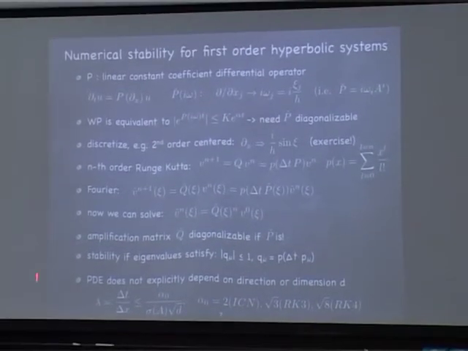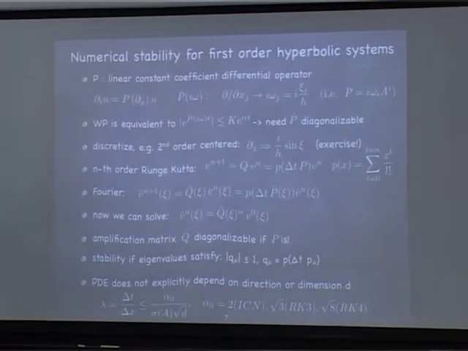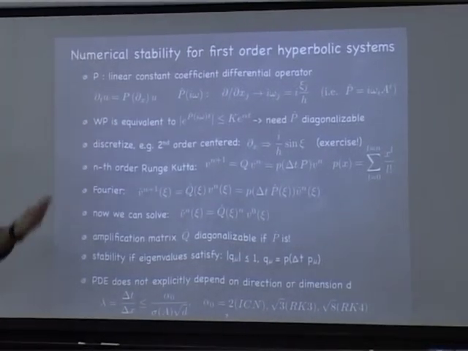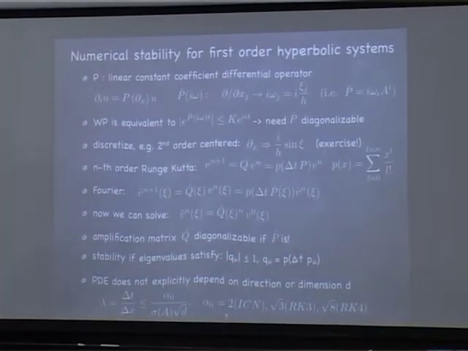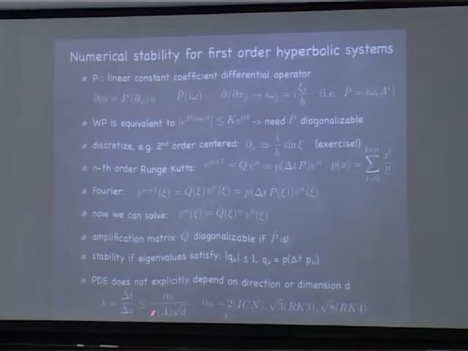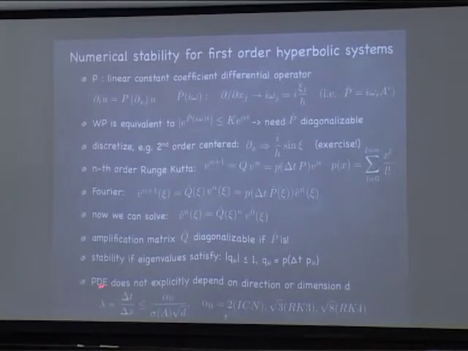And then there is a very useful general result. This outline here is just so that you have seen this once, and if you want to understand it better, you can look in some textbooks for much more detail. But the one thing that is important to remember is that you have the following rule for the time step, unless the PDE depends explicitly on which direction it is.